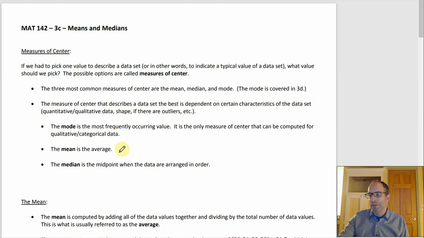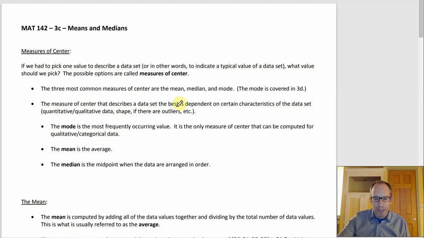Like Alabama plus Alaska plus Montana plus California plus Arizona divided by 5. I don't know what that means. No one does. And the median doesn't work either. So the mean and median are for quantitative data. And the mode, you could use it for quantitative data, but it's most useful for categorical or qualitative data.